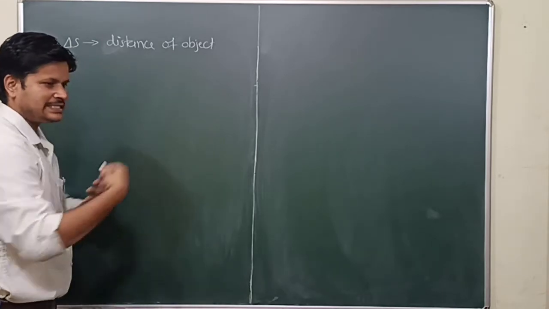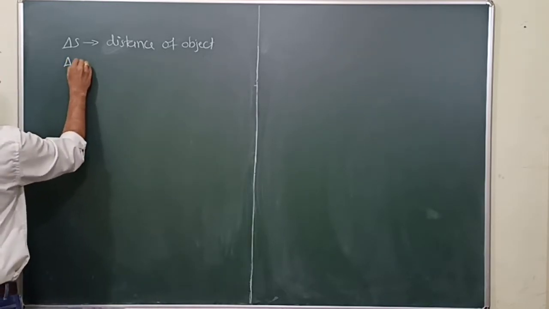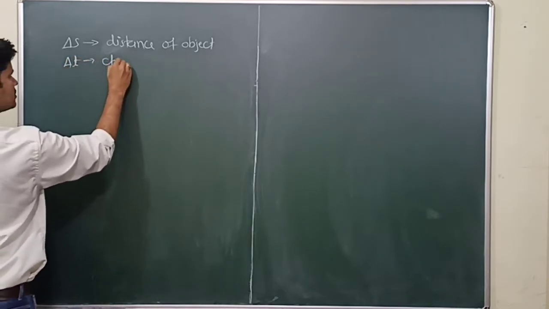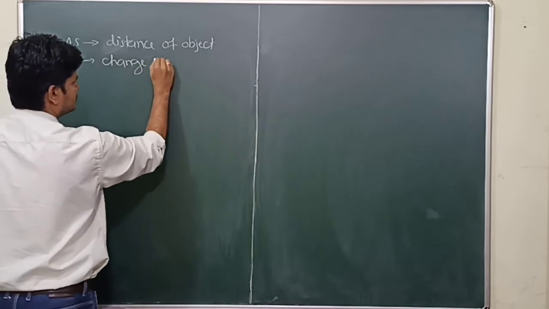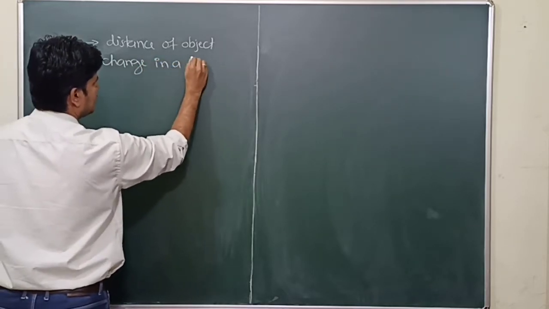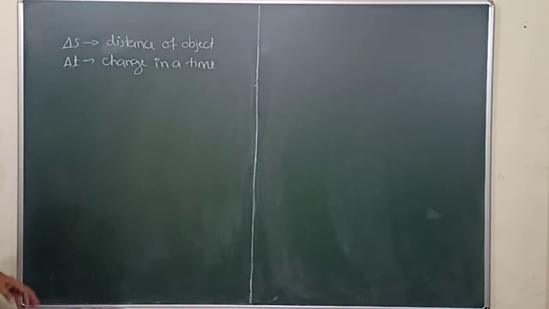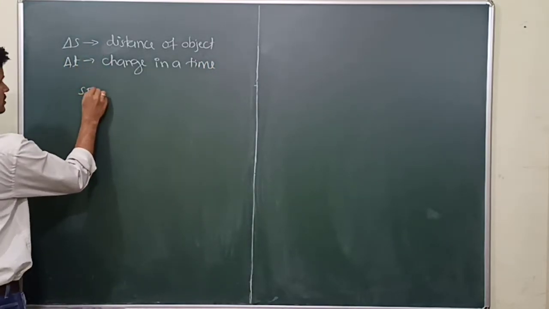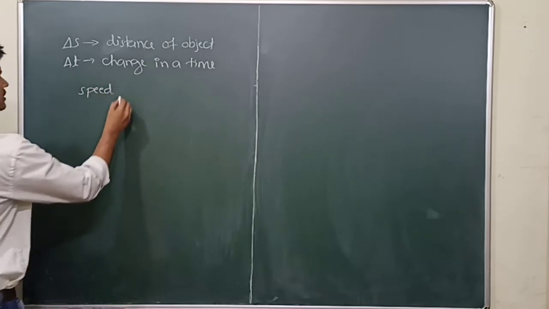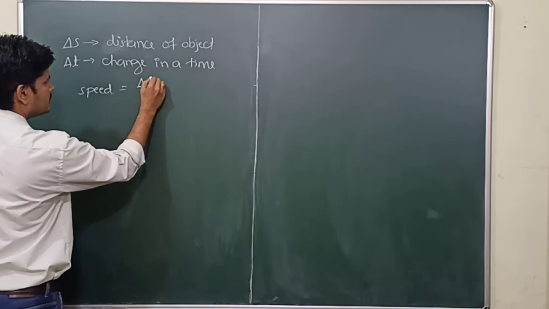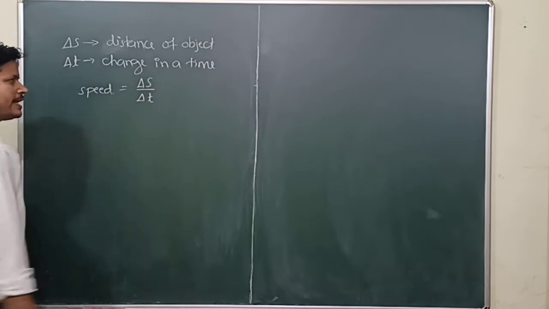And that distance is traveled in a time change delta t, correct? Then average speed, how do we write? This is distance divided by change in the time, correct?